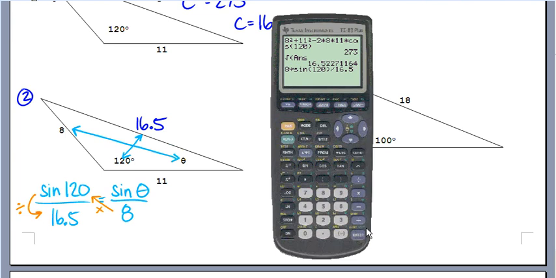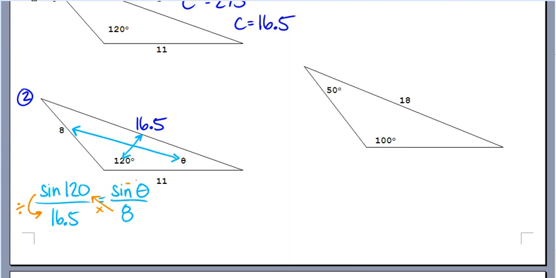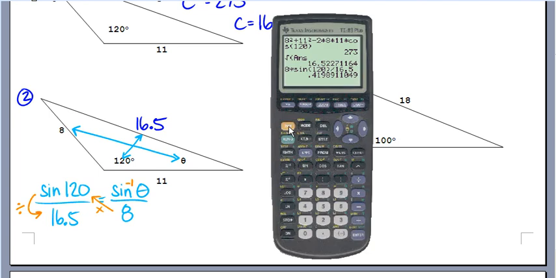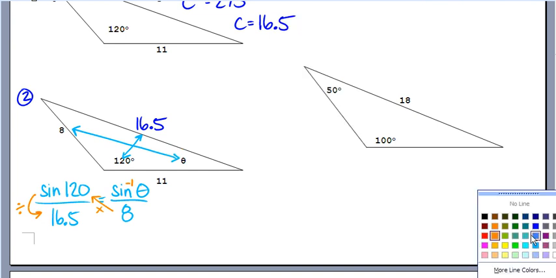I want to do that all in one step. I get a decimal. And the reason for that is that decimal is equal to sine theta. So remember, anytime we're looking for an angle, we do have to second function or inverse to get the actual angle. So second sine that answer, there we go, 24.8 degrees.